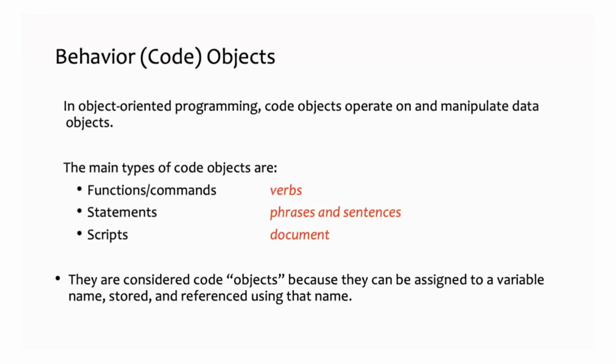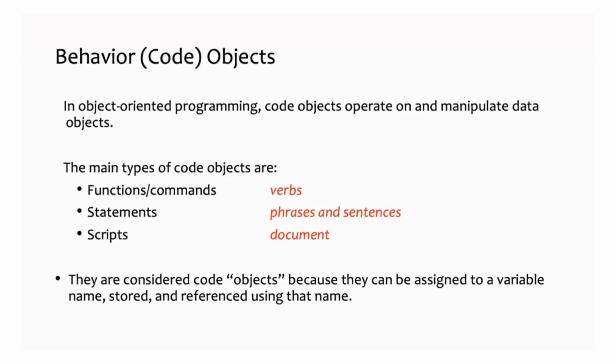And it may be sort of unintuitive to think about these things as objects, but they are objects because they can be assigned to a variable name, stored and referenced using that name. So the same way that we can create a list that's called X and we can give it some values, we can also create functions, create statements, create scripts, and name them.